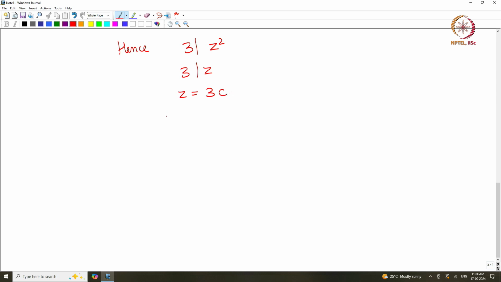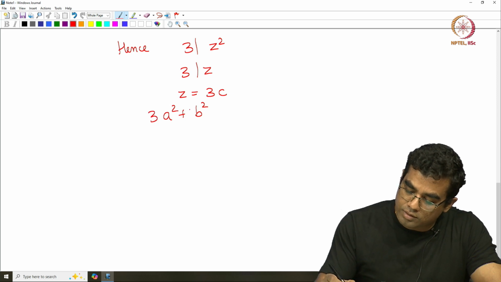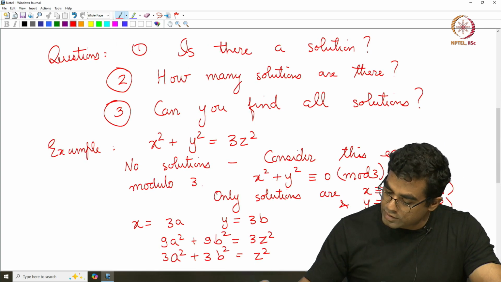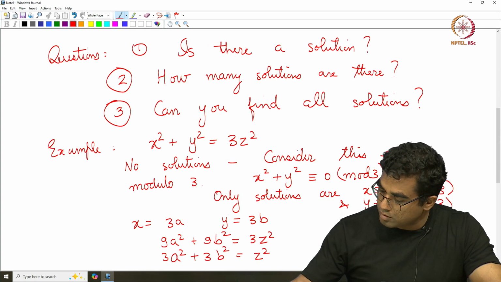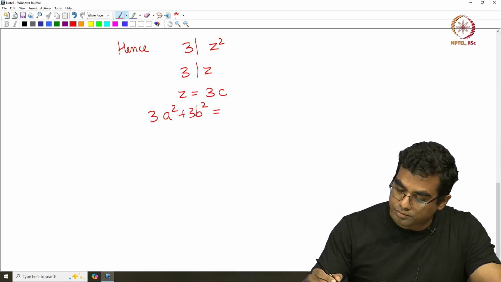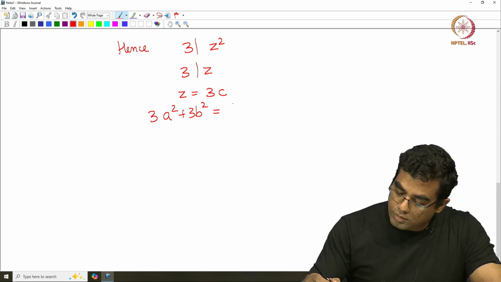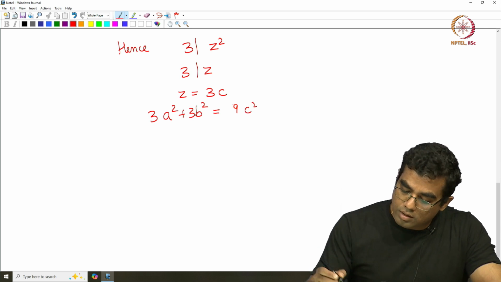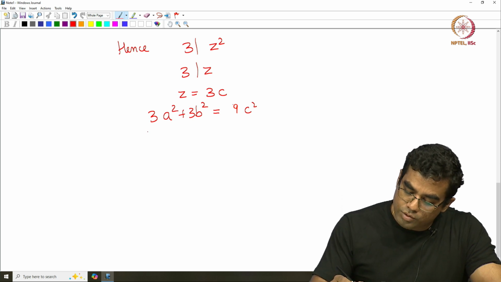So, I get a squared plus b squared, or I had 3 there, right. So, 3 equals, if you go to the previous page, you have 9 c squared. Yeah, but anyway, whatever this is, if you had a solution a, b, c.